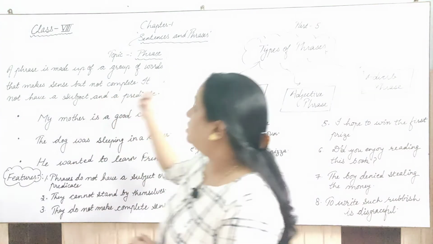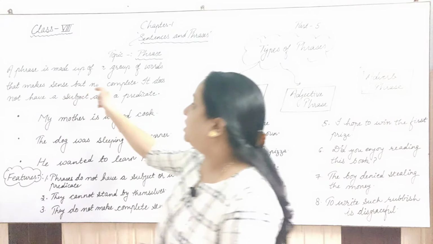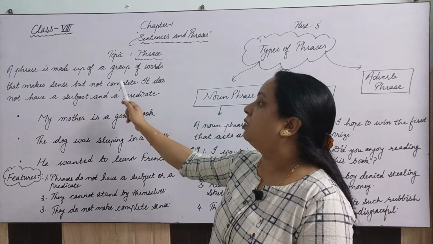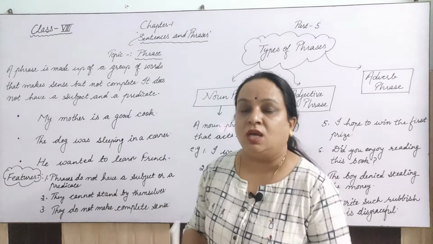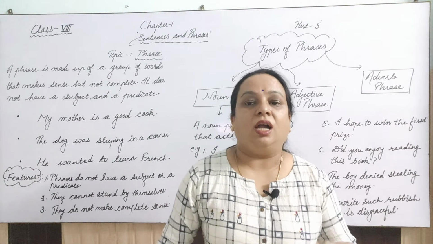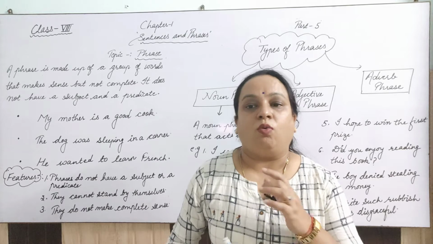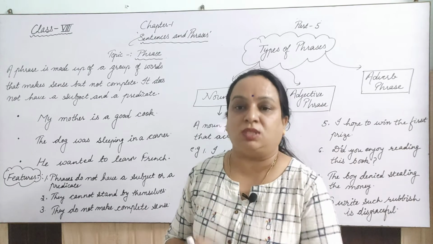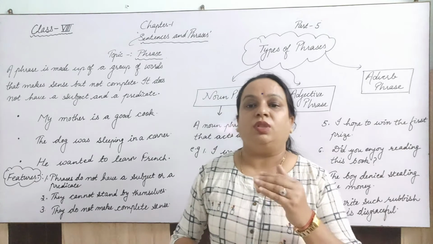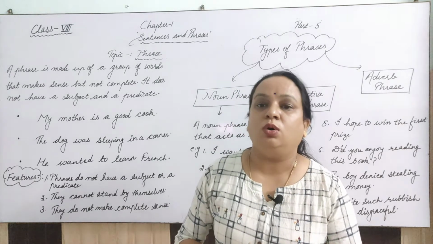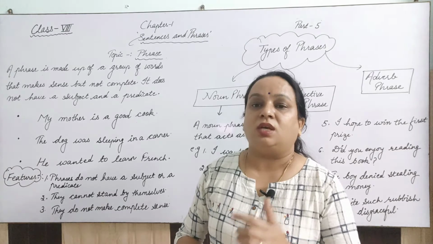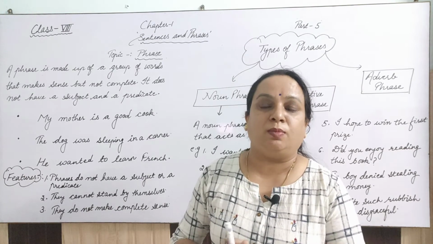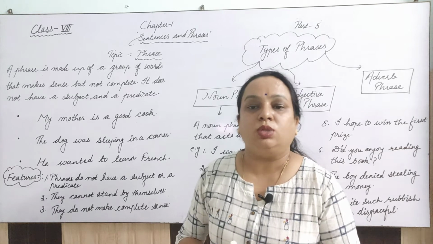So the definition says, phrase is made up of a group of words that make sense but not complete. Suppose I'll say, under the chair. Now what is under the chair? That is not there, means subject is missing. And moreover, with this subject, the verb is also missing. But if I add the cat is sitting under the table, so I have added two things here.